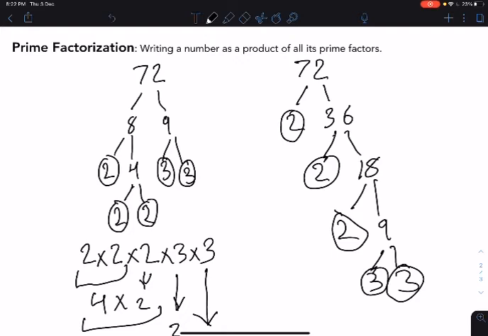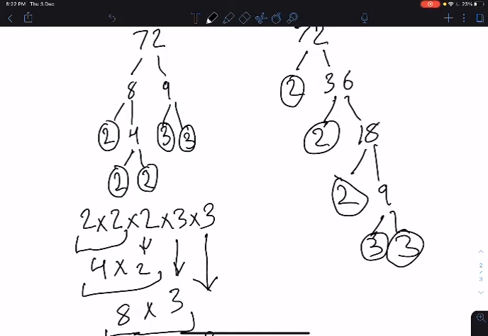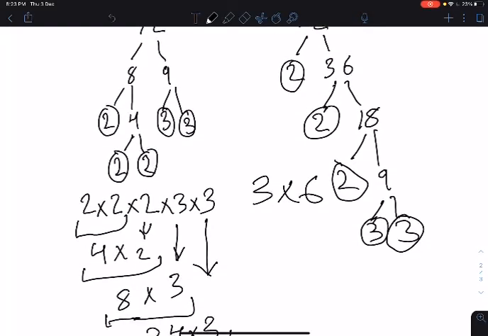In this case it is 72. And over here when we did 18, we wrote it as 2 into 9. But we can also write it as 3 into 6. That is also equal to 18. So now let's move on.